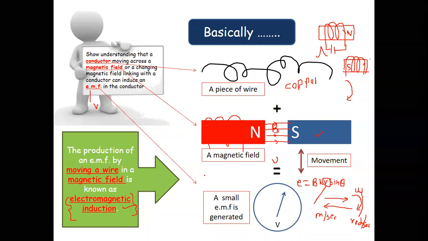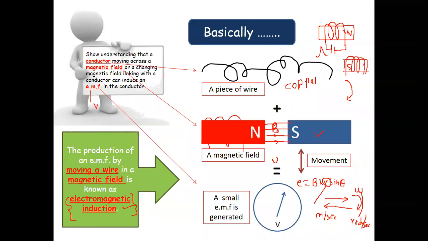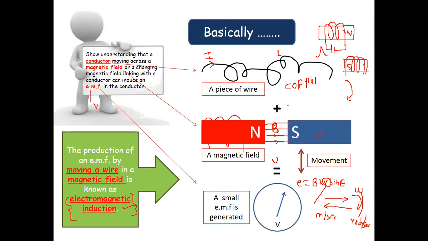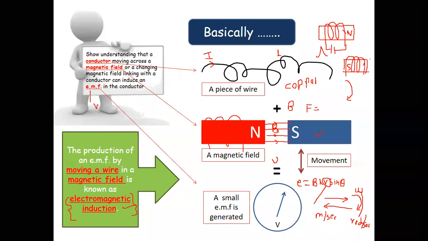I'll explain one more principle, which is not referred to here but will be used in a motor. If you take a current carrying conductor of length L carrying a current I, placed under a magnetic field B, then a force is experienced by the conductor.